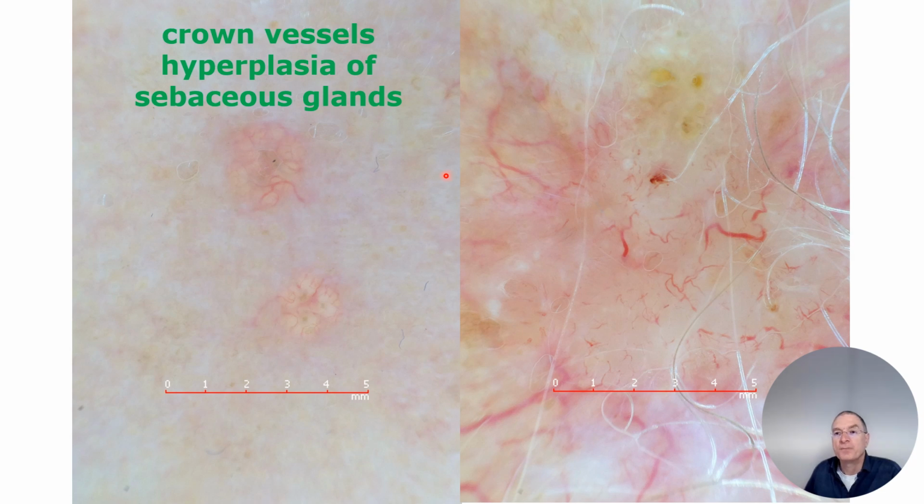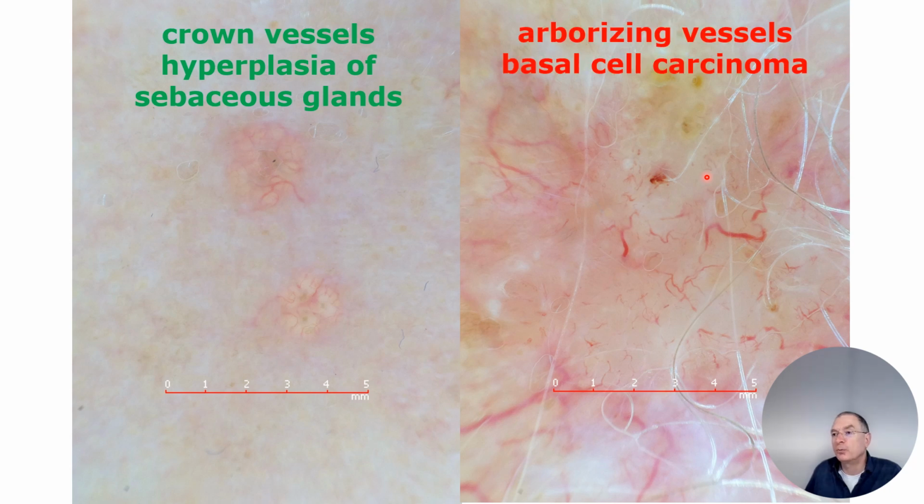For the hyperplasia of sebaceous glands, we have crown vessels surrounding these yellowish clots or globules, and here in this tumor we have the arborizing vessels crossing the center, also a good differentiation hint for the basal cell carcinoma.